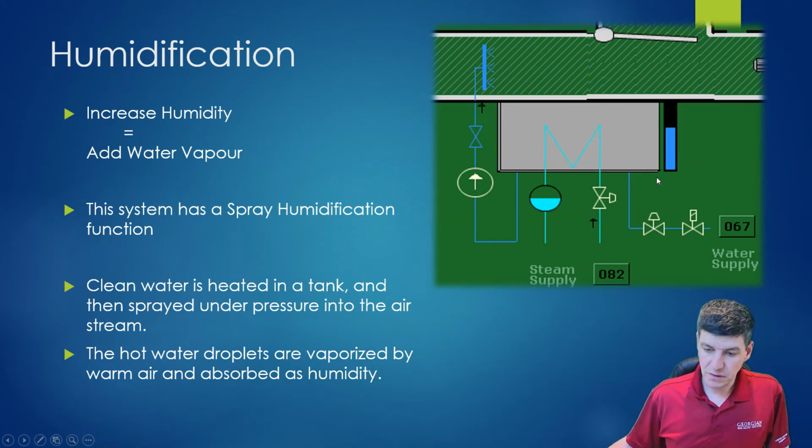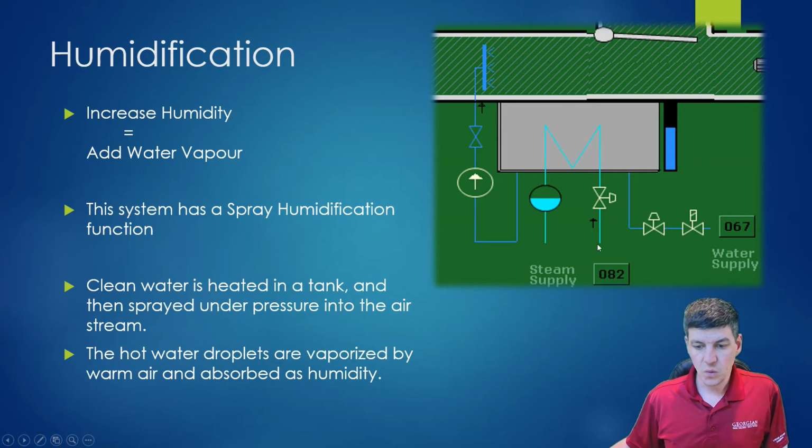In general, how this system is going to work is we have a water supply that's going to fill a water reservoir tank, which can then be pumped and sprayed through a series of nozzles. In order to improve the ability for that spray to be absorbed into the air, we're going to make sure that we warm up this tank of water.